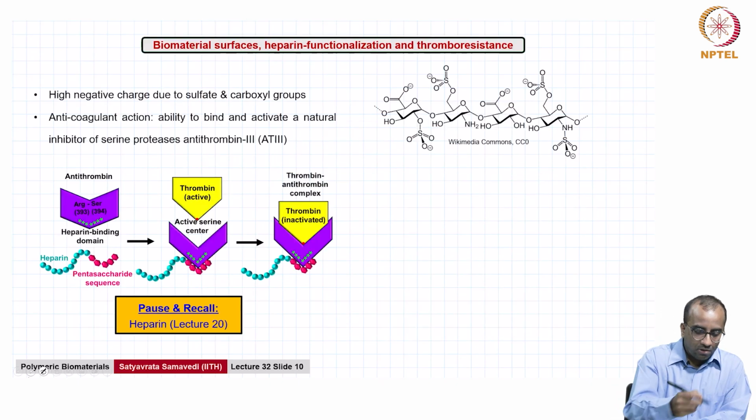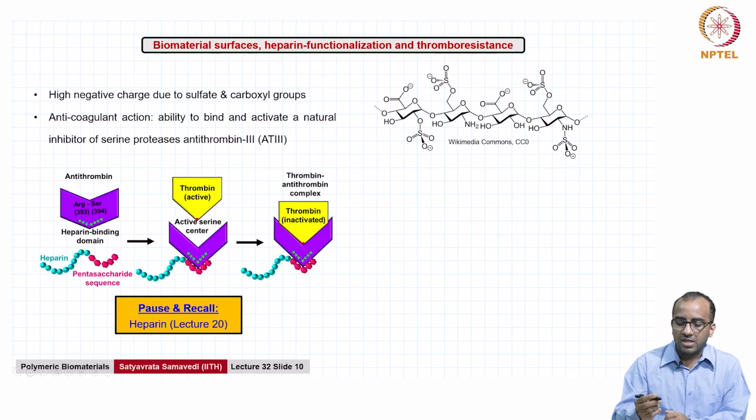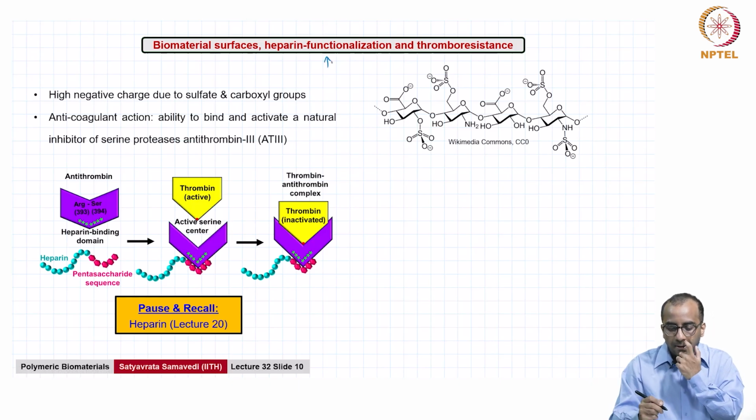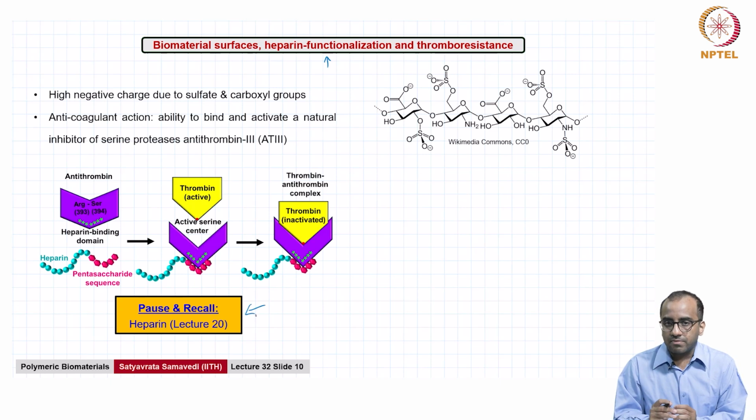Now, moving on to other functionalization strategies, one very common strategy that is used for preparing antithrombotic surfaces is heparinization or heparin functionalization. Again, this is something that we looked at when we looked at natural biomedical polymers in lecture number 20. We saw heparin structure property relationships, and then we saw how heparin can be used to functionalize surfaces to reduce thrombus formation.